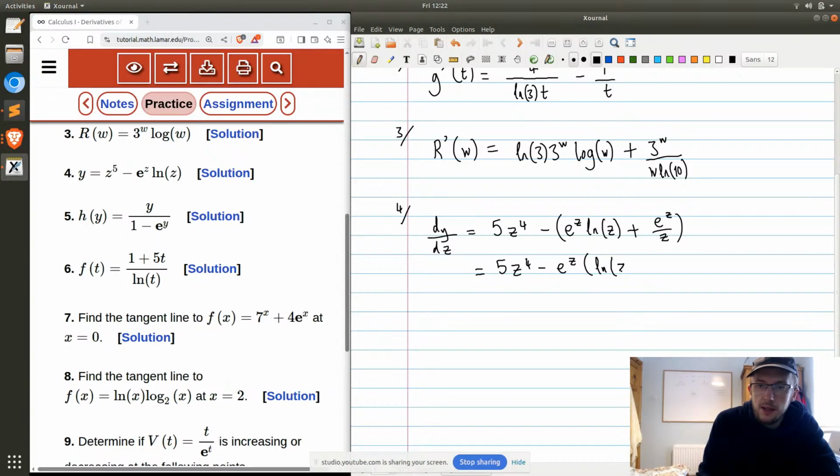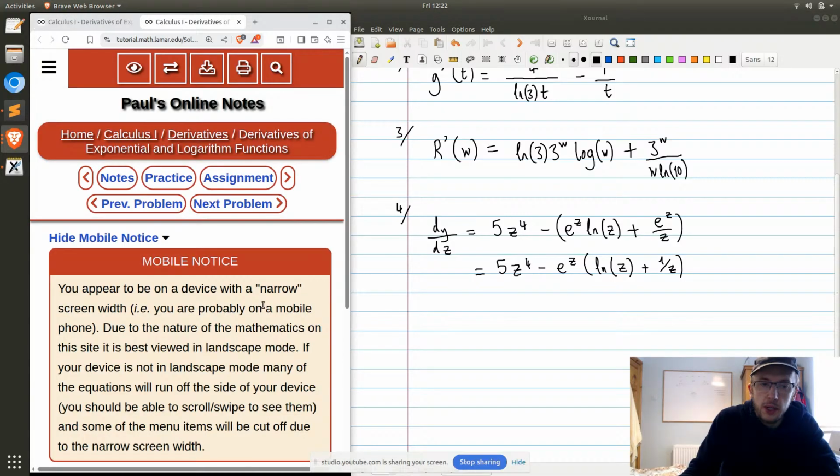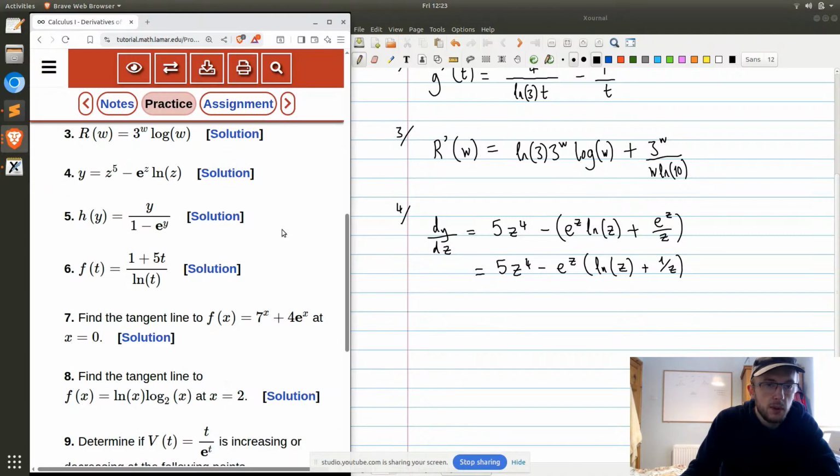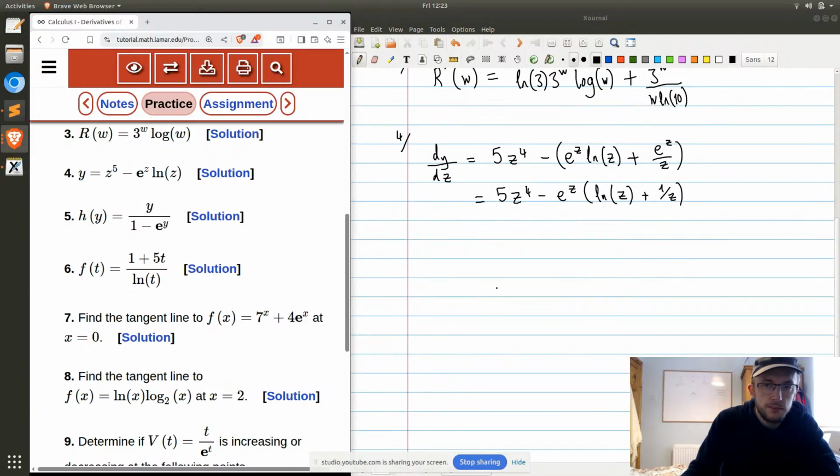And then ln of z plus 1 over z, like that. And that looks pretty. There you go. All right, so that's correct.